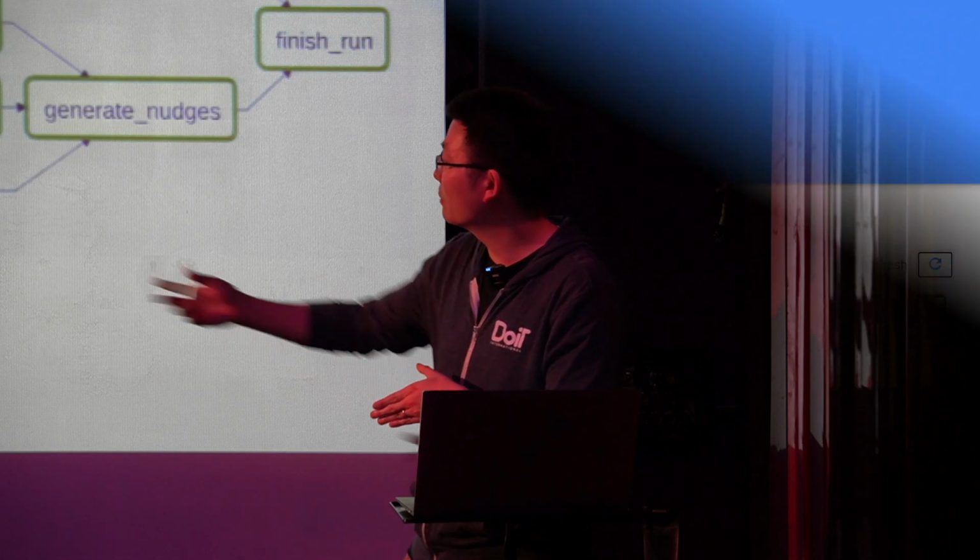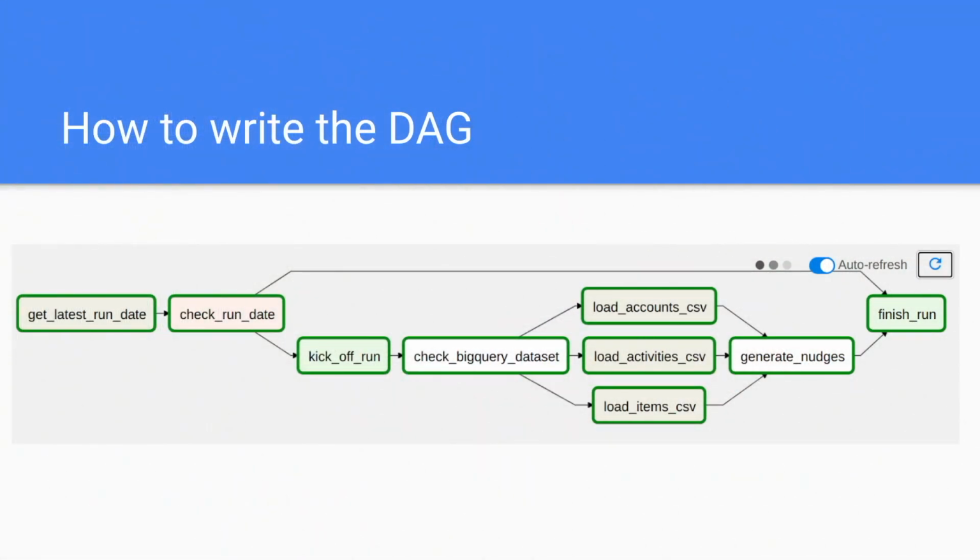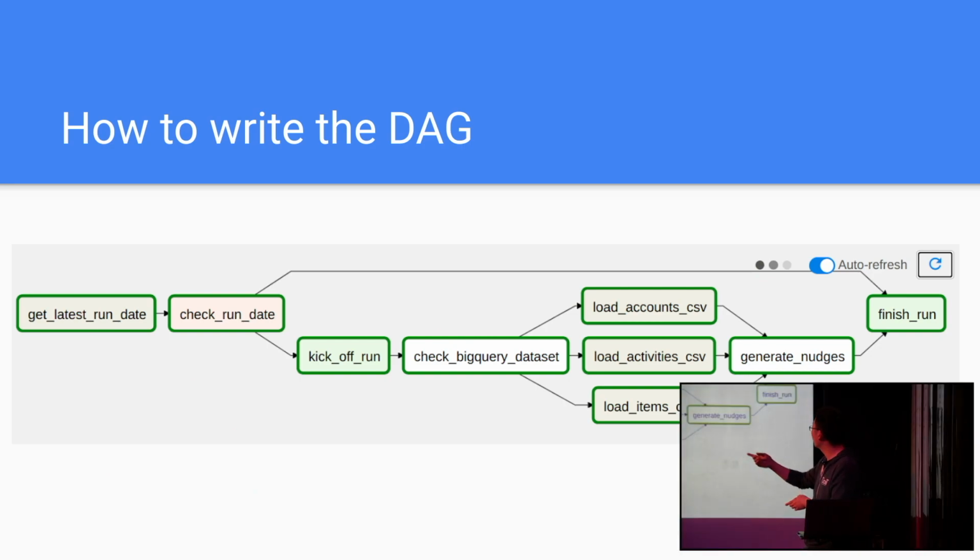So my first task is just to get the latest run. After that, I check if the workflow should go ahead. If the latest run is today's run, meaning the run has already happened, then the workflow goes straight to the finish. But if not, I kick off the task.